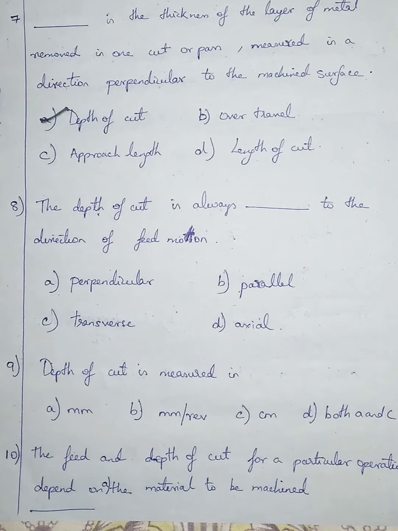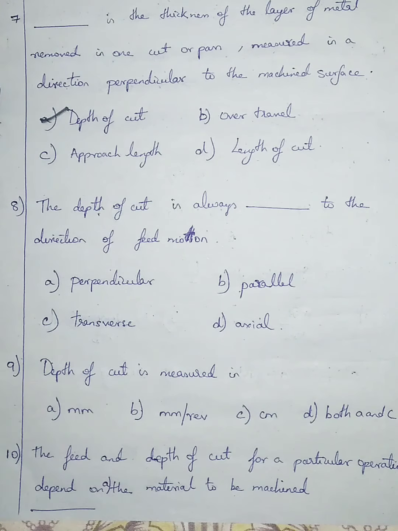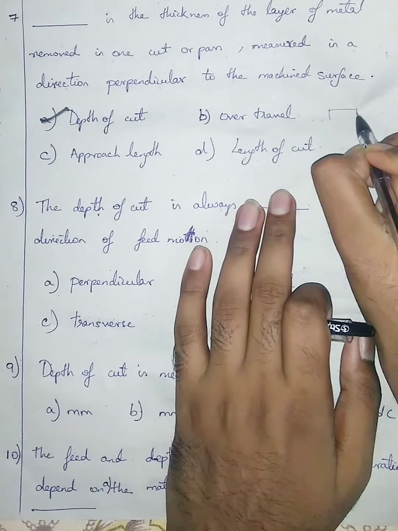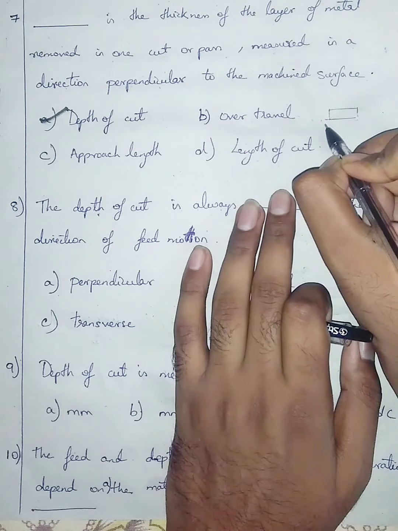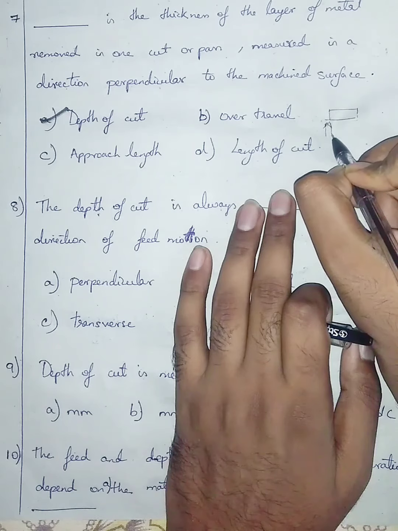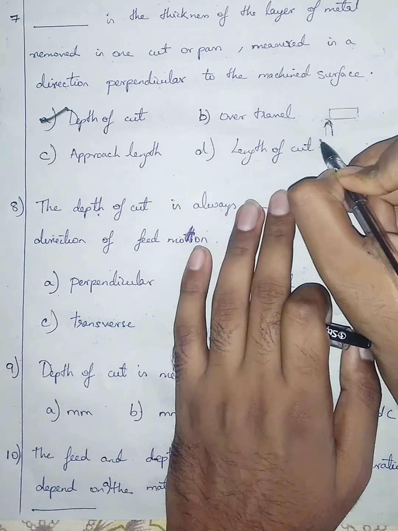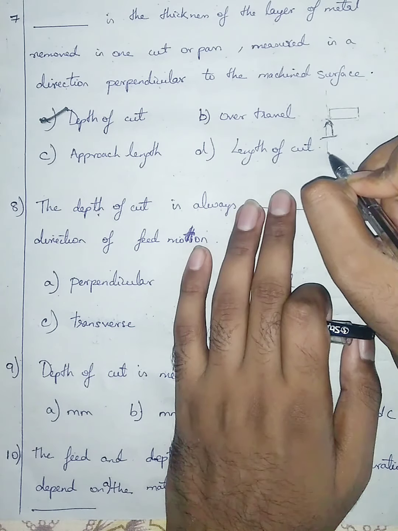This is the thickness of the layer of metal removed in one cut or pass, measured in the direction perpendicular to the machined surface. For depth of cut, we are going perpendicular to the axis of the spindle. This is the workpiece axis, this is the tool axis. Consider this is the tool axis, this is the workpiece.